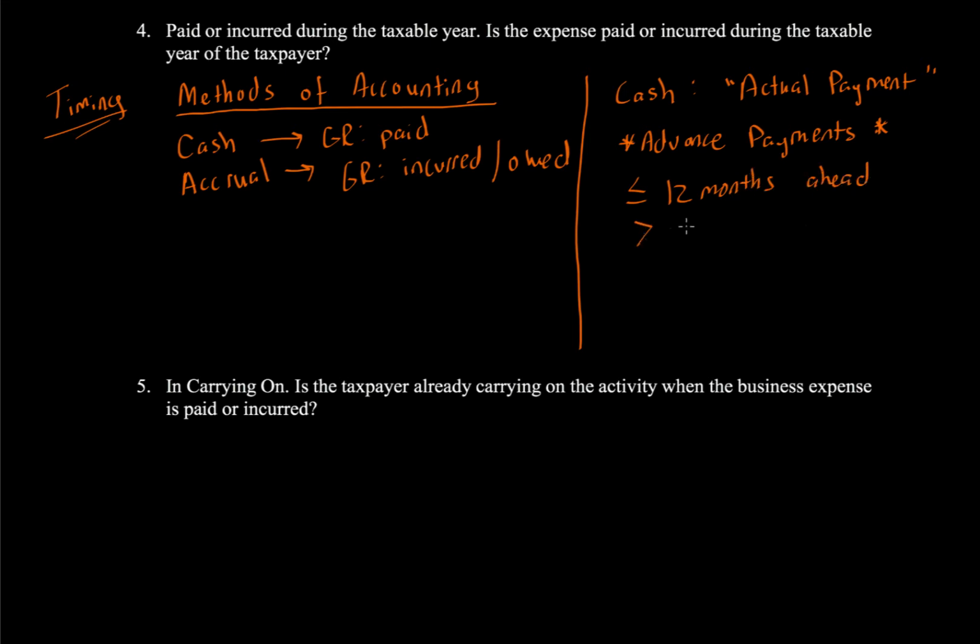But if it's greater than 12 months, it cannot be. So if it's greater than 12 months, you have to wait for the deduction. But if it's less than or equal to 12 months ahead from the time of paying with respect to the advance payments, then you can deduct in the current year, in the year of payment.